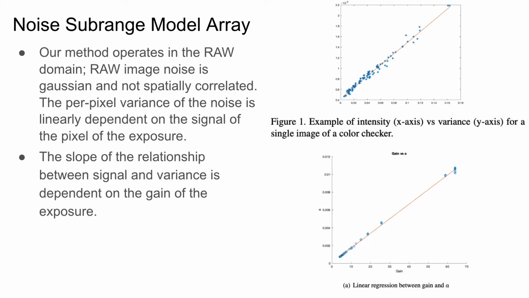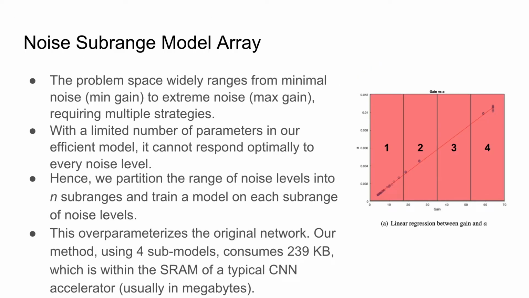As we can see here, a linear regression perfectly describes this relationship between gain and the slope of signal and variance. This gives rise to the problem of a wide problem space with very few parameters for an efficient network. So our efficient network cannot respond optimally to both minimal noise and extreme noise, or minimal gain and maximal gain.